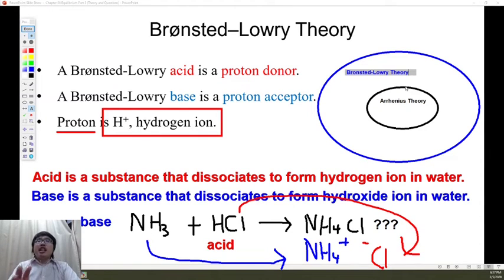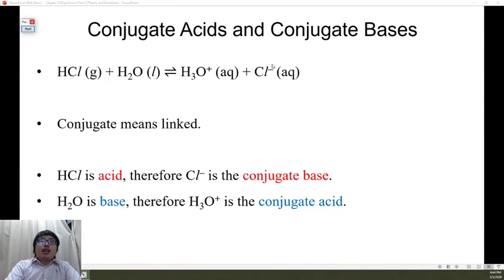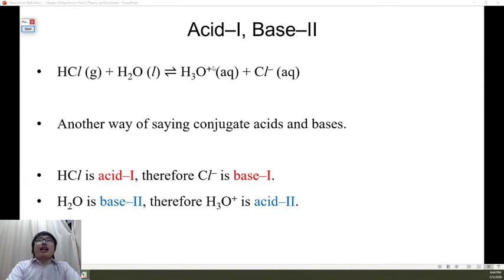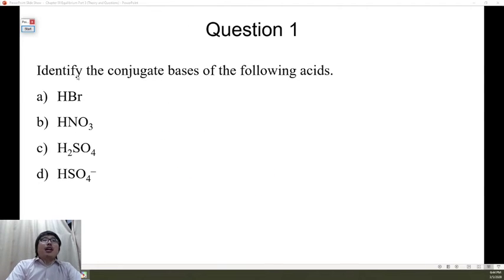All Arrhenius bases are Bronsted-Lowry bases. But not all Bronsted-Lowry acids are Arrhenius acids, and not all Bronsted-Lowry bases are Arrhenius bases, because we just expanded the definition.